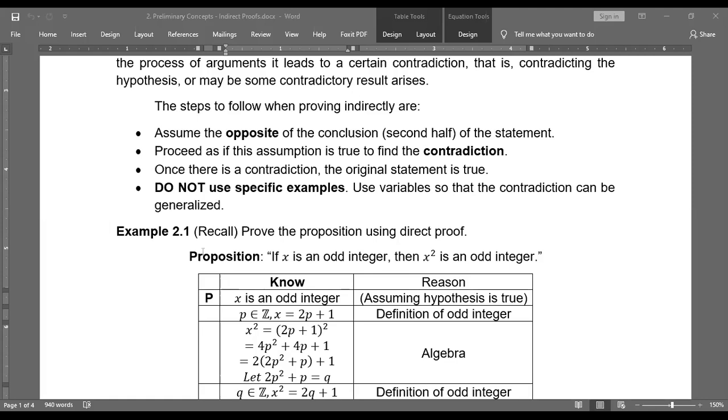Kunin ko lang yung logic natin. To verify your statement, I have here the lecture, the truth table of the conditional.